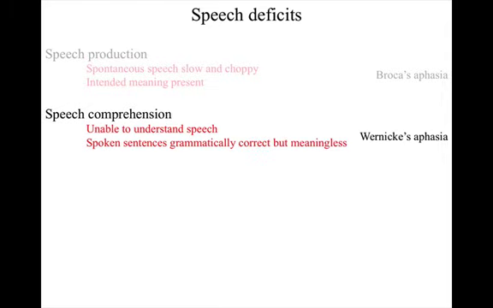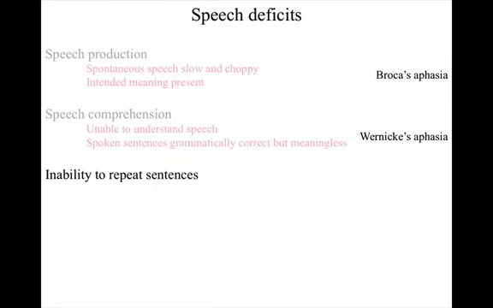Wernicke's aphasia, on the other hand, is an example of a deficit in speech comprehension. The patient's speech might consist of sentences like, "I told my cow with the radio but did not understand the fence." Grammatical, generated at an appropriate speed, but meaningless.